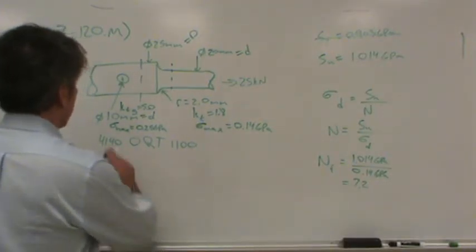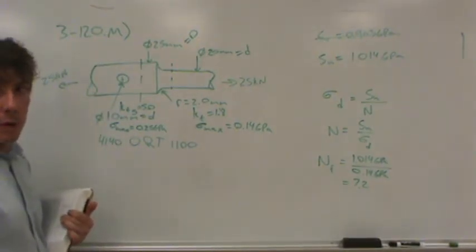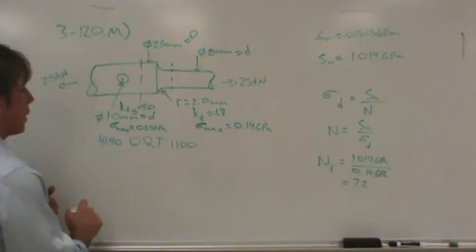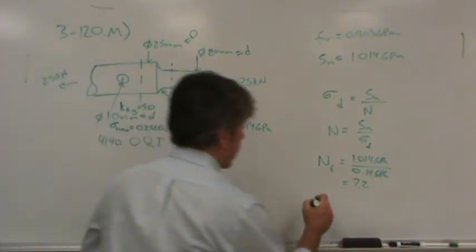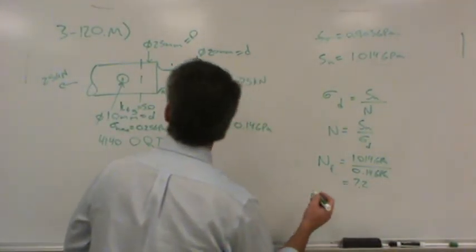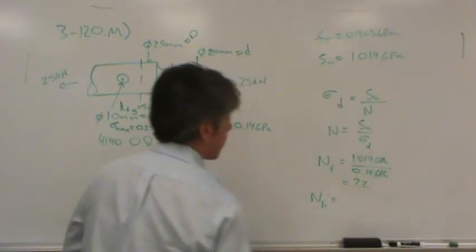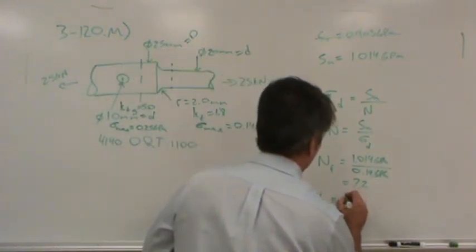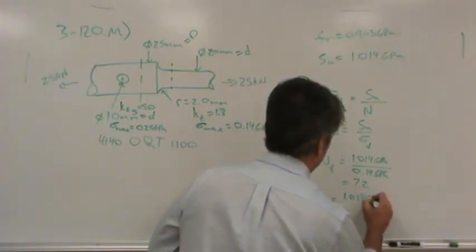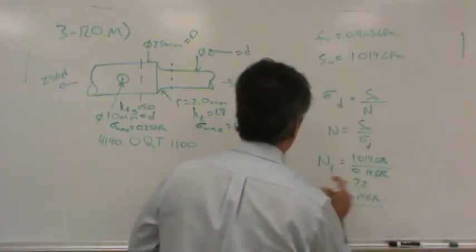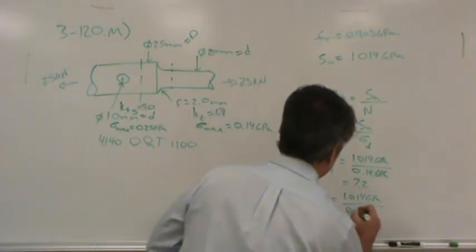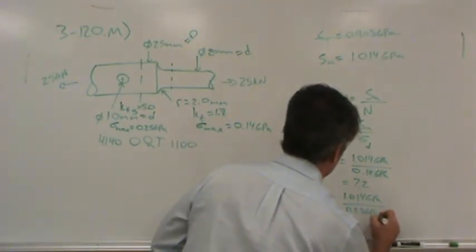How about at the hole? Well, you can already tell that's going to be worse, right? Because the load there is even higher. But let's go ahead and calculate it. So the design factor for the hole, I guess I'll use H for that, is 1.014 gigapascals divided by 0.25 gigapascals.